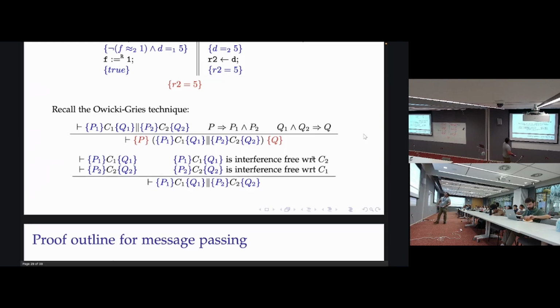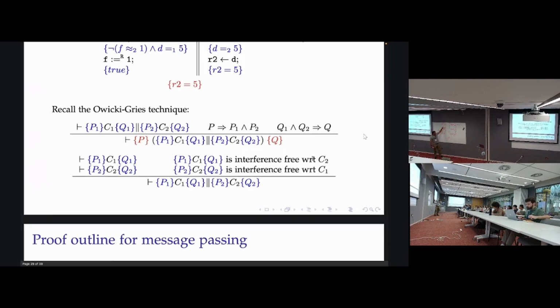One remaining bit is, how do I establish the initial things, and how do I establish the final thing of the whole program? Meaning, how do I know this was true in the first place, and this was true in the first place? Well, you prove that the precondition implies P1, and also this precondition implies Q1.